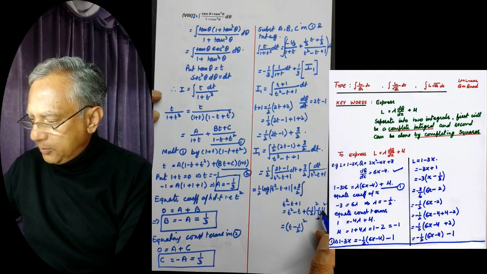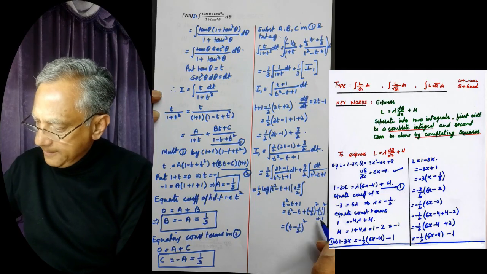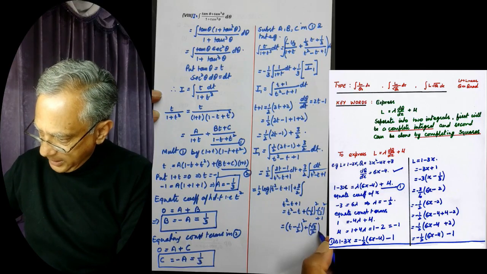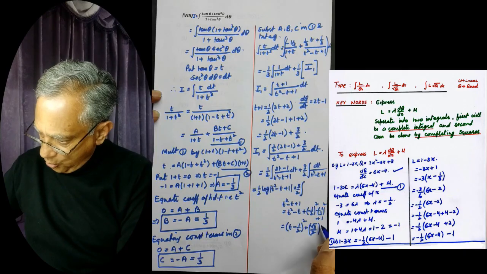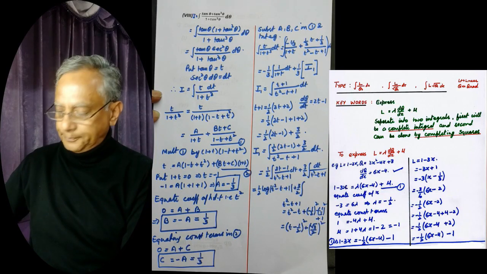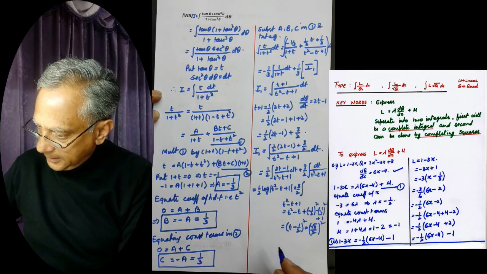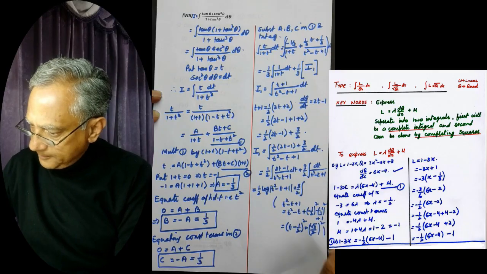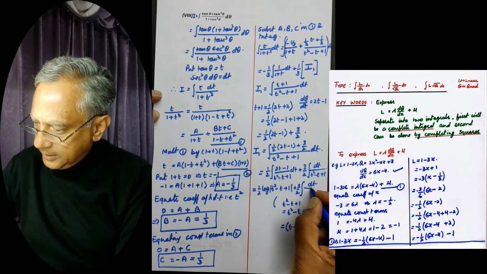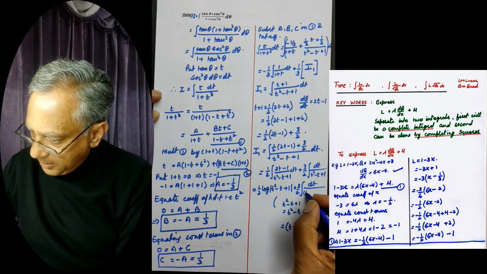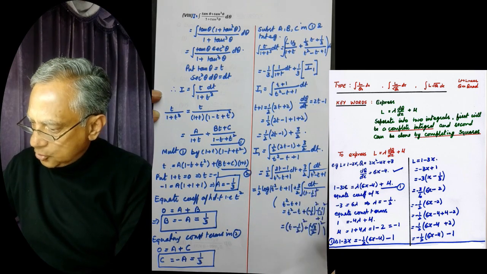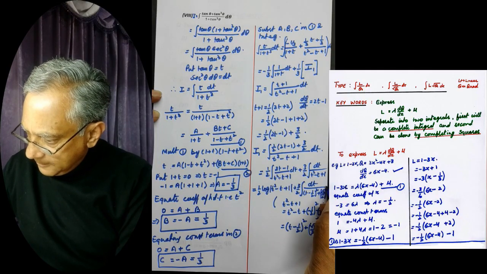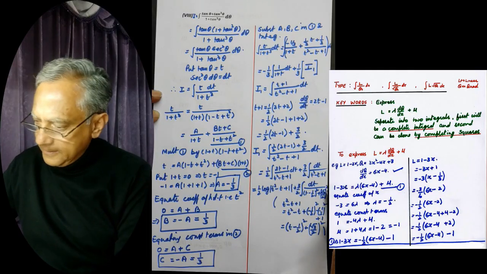So 1 minus 1 by 4 is 4 minus 1, 3 by 4, which can be written as root 3 by 2 whole square. And therefore this term can be written as dt over t minus 1 by 2 whole square plus root 3 by 2 whole square.